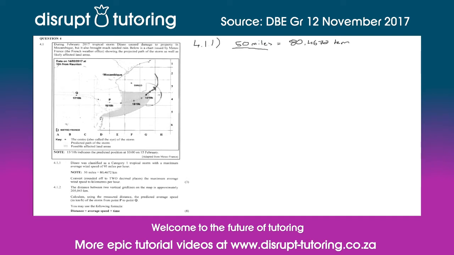So we divide both sides by 50, so it keeps the equation equivalent, because we can do that in algebra. So these cancel to leave you that 1 mile equals 1.6093 kilometers. If you put this in your calculator, that's what you get 1 mile to equal.